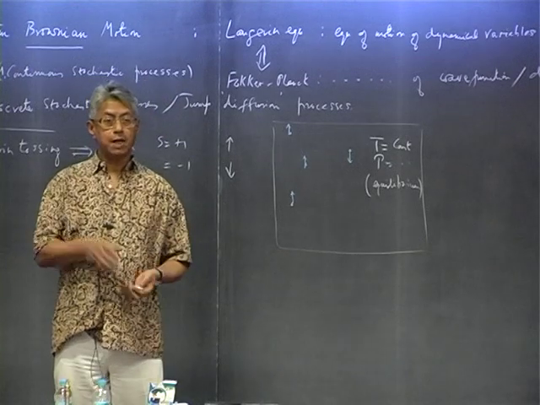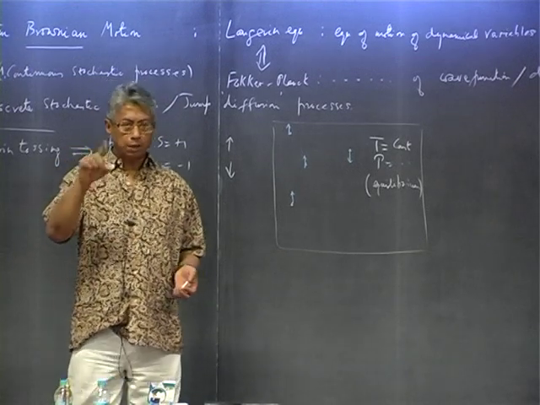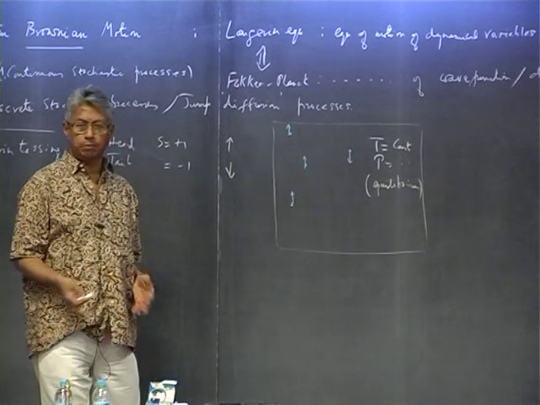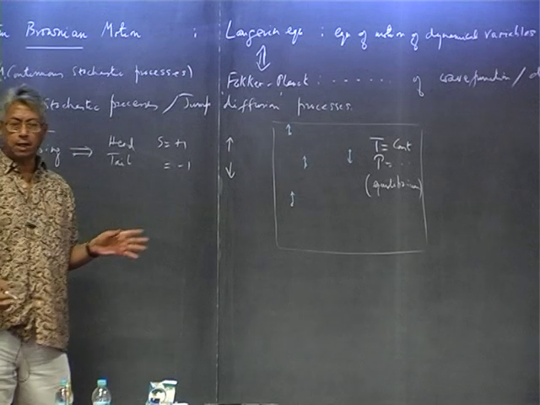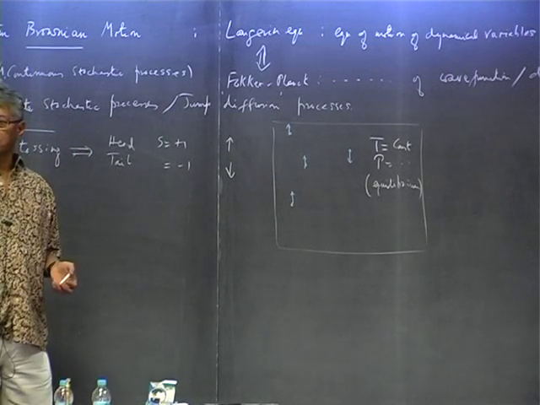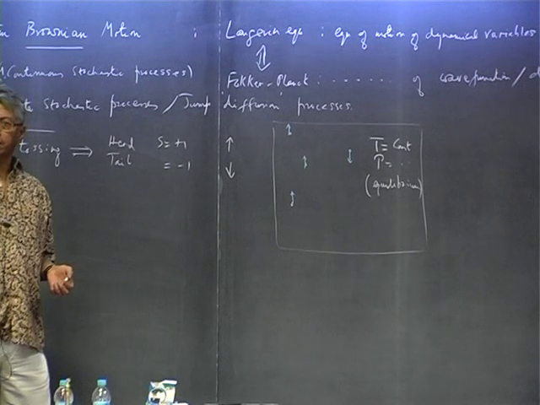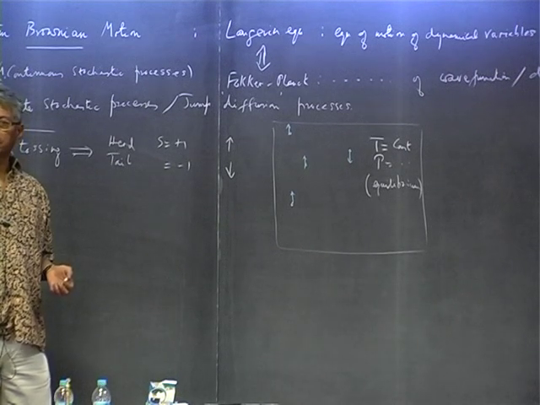Even in equilibrium, these arrows, we have taken a very simple situation where I can have only two possibilities. You can, of course, have more possibilities, but let's stick to that. So these arrows are not fixed in time, even in equilibrium. They keep on fluctuating between up and down.